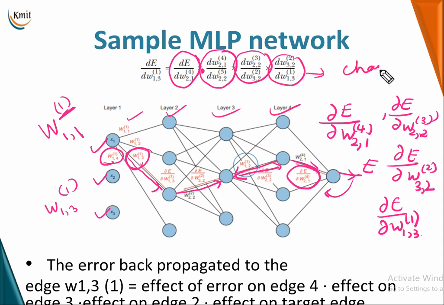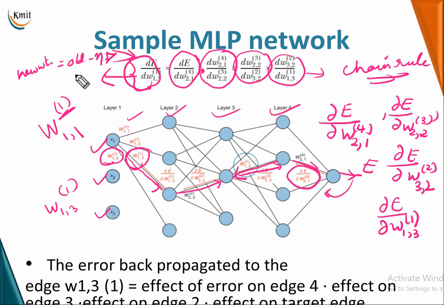Very beautifully you have used the chain rule, and very simply you have calculated the entire gradient of this particular node. Now you will use this gradient to update the new weight associated with that node as old weight minus learning rate into this gradient that you have just calculated, and you will update the weight and bias of this particular node. I hope the process is clear.